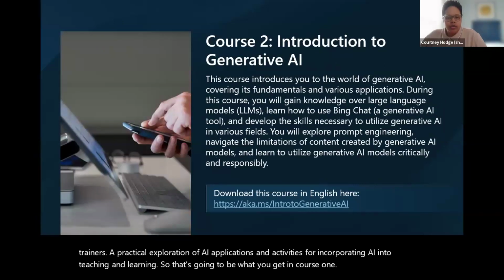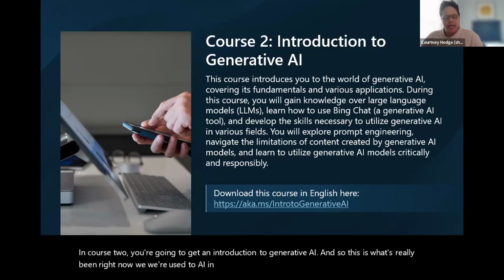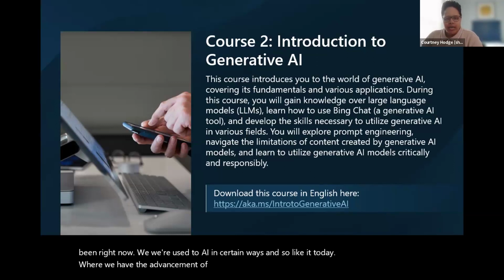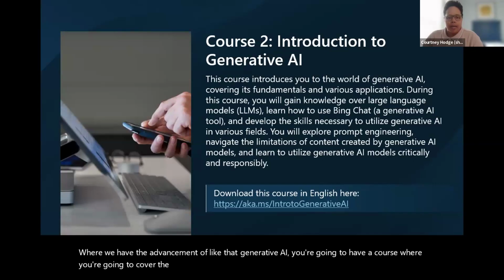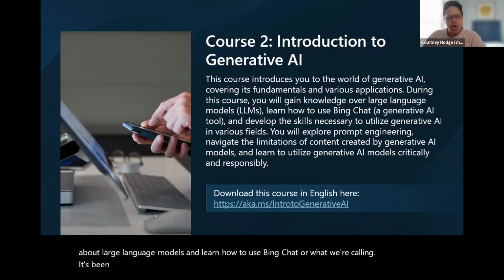In course 2, you're going to get an introduction to generative AI. Right now we're used to AI in certain ways, and today we have the advancement of generative AI, so you're going to cover its fundamentals and applications. You'll also gain knowledge about large language models and learn how to use Bing Chat, which has been rebranded and is now Copilot with Bing.